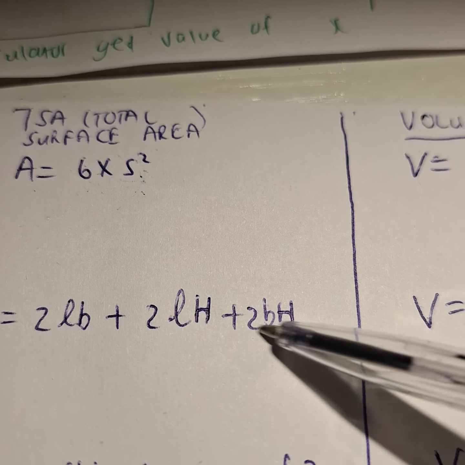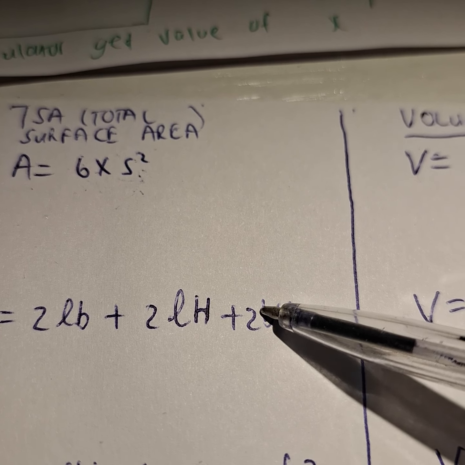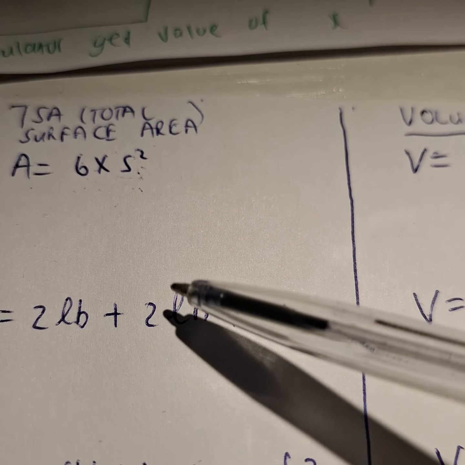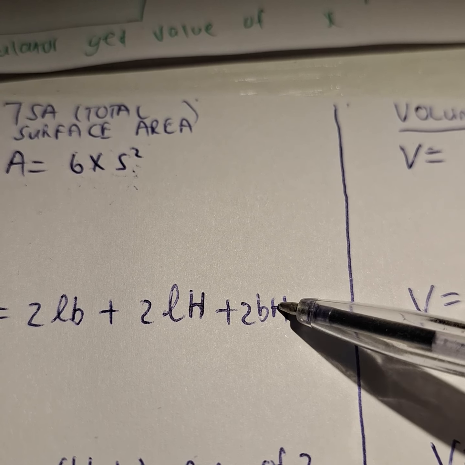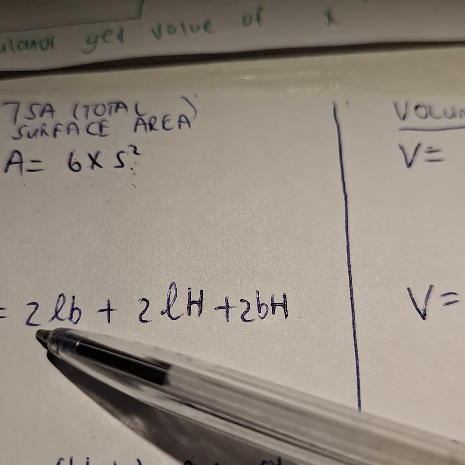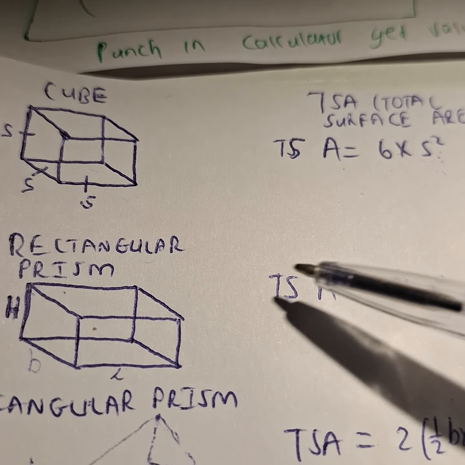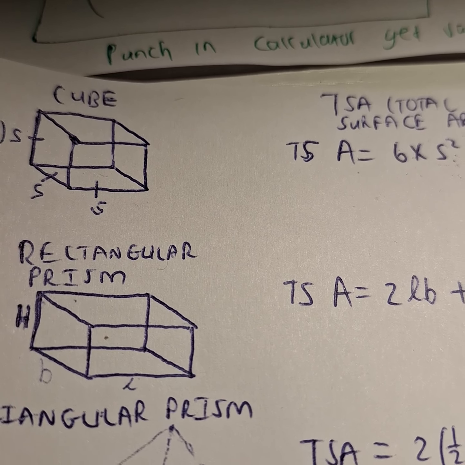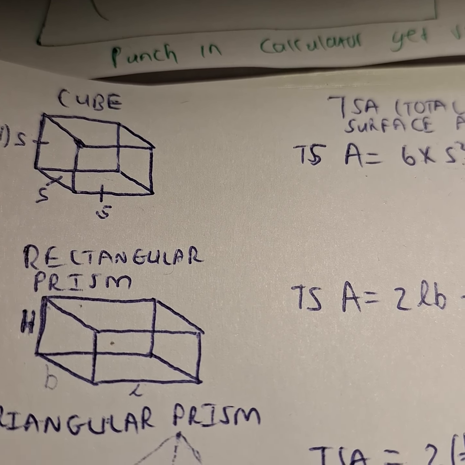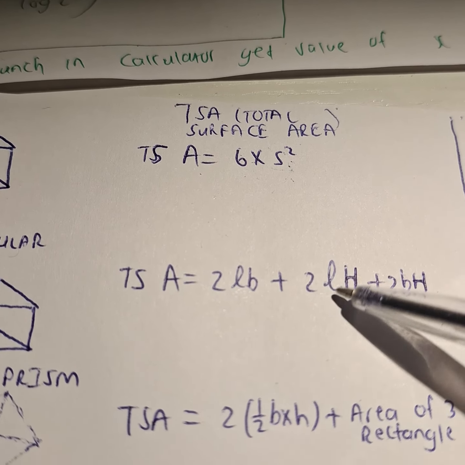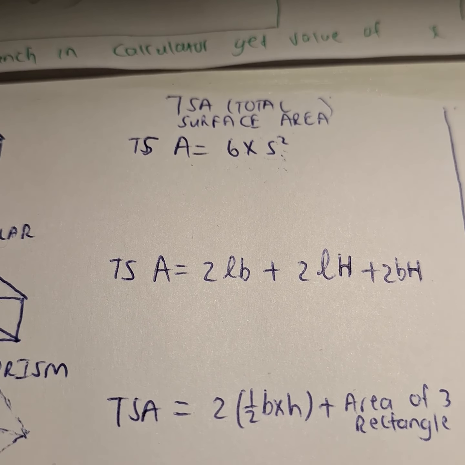The summation of all of these rectangles is 6 in total, but a pair is identical or congruent. So therefore you would add that to get the total surface area. 6 rectangular faces, 2 are identical, and therefore you are able to add those all together to get the total surface area.